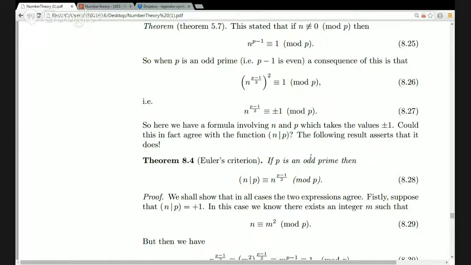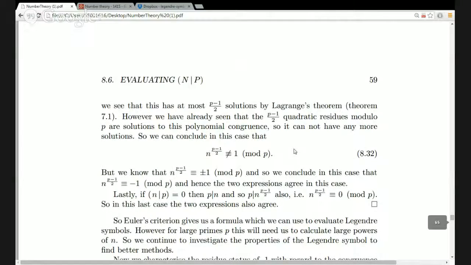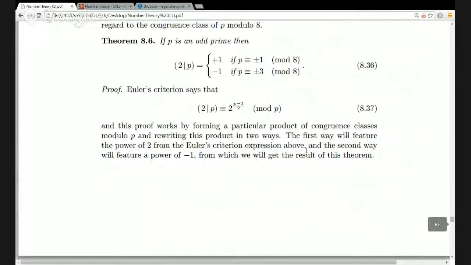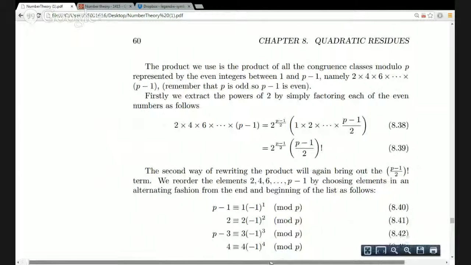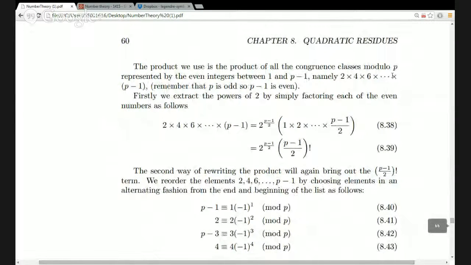Okay. So let's look at the argument for this in the notes. How do we get two descriptions of that power of 2? Well, the first way we're going to do it: we're interested in finding expressions involving 2 to the power of (p minus 1) over 2. So one way we can do it is we can take all of the congruence classes modulo p represented by even numbers.